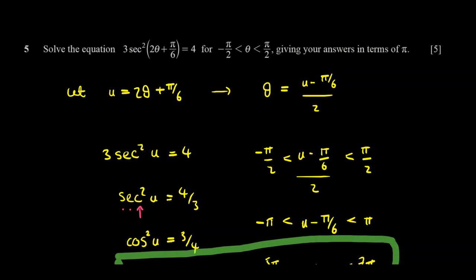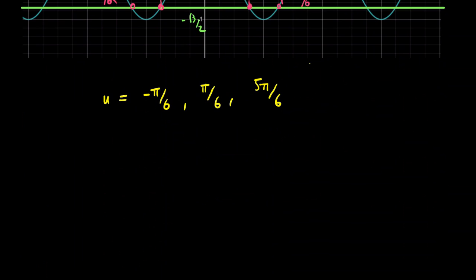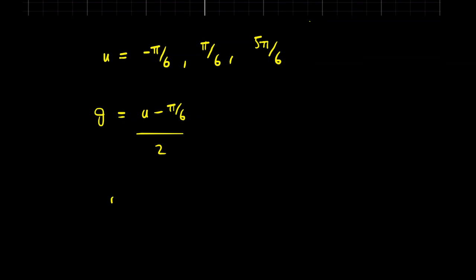And theta is u minus pi by 6 upon 2. So theta is equal to u minus pi by 6, then all divided through by 2. Well, what we've got to do then is take our values, subtract pi by 6, and divide by 2. So if I take this one, subtract pi by 6, I get minus 2 pi upon 6. And I divide by 2, I'm going to get minus pi by 6.